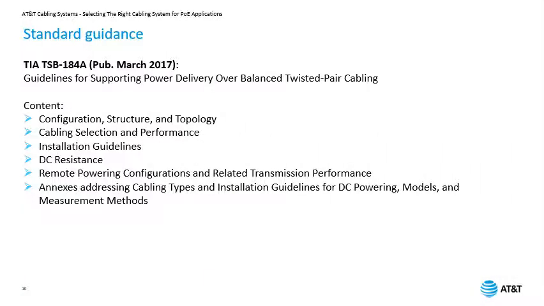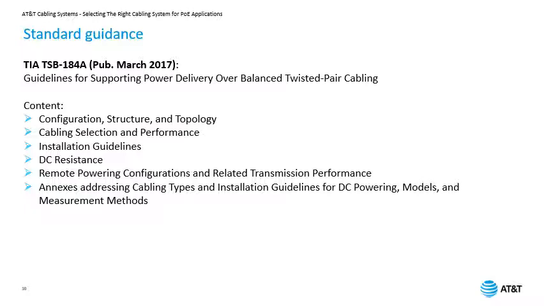Now we are going to talk about the standards which govern PoE. The first one is TIA TSB-184-A, which was published in March 2017. This gives guidelines for supporting power delivery over balanced twisted pair cabling.